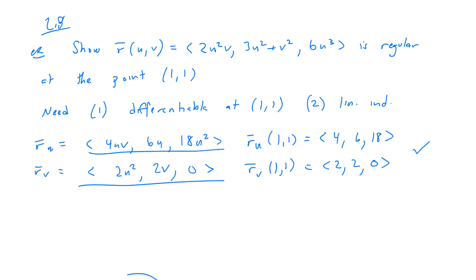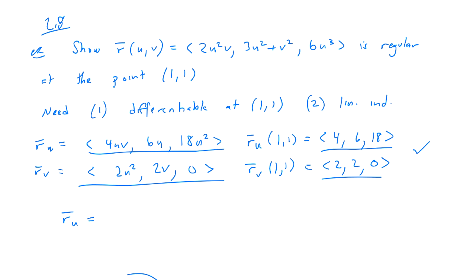So the fact that we're getting numbers back is telling us that 1 is okay. And now we need to know, are these linearly independent? I'm going to do this in 2 different ways for the second part. But for this part, let me just do the really easy one, which is that to be linearly independent, one can't be a constant multiple of the other. Or, using the language that was on the last quiz, last test, I forget which, they can't be parallel.